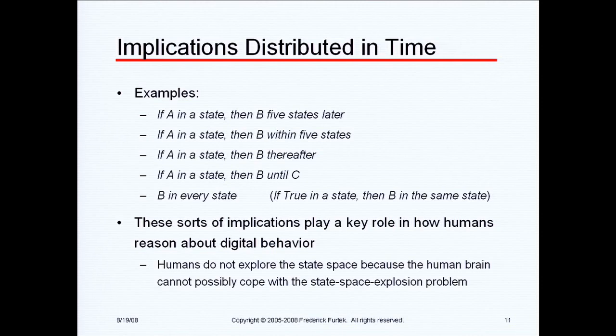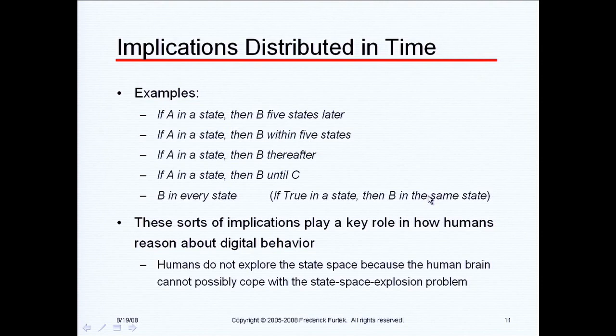If A holds in a state, then B holds 5 states later. If A holds in a state, then B must hold within the next 5 states. If A holds in a state, then B holds thereafter. If A in a state, then B until C holds, or simply B in every state, which is equivalent to if true in a state, then B in the same state.